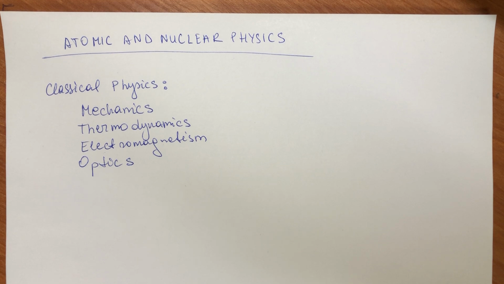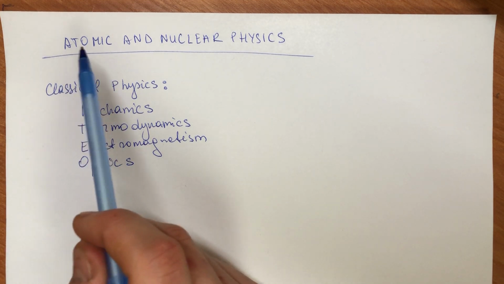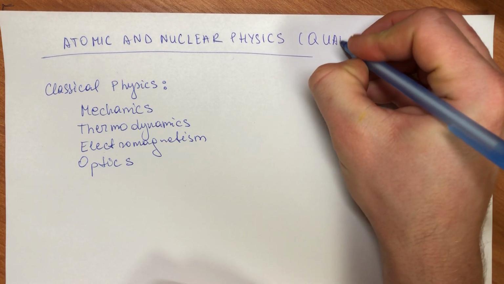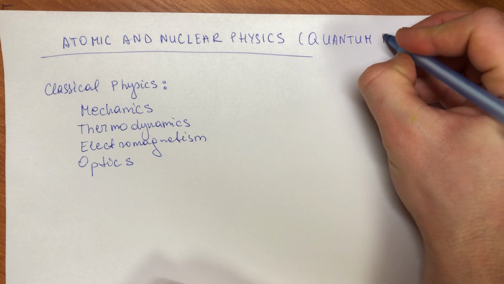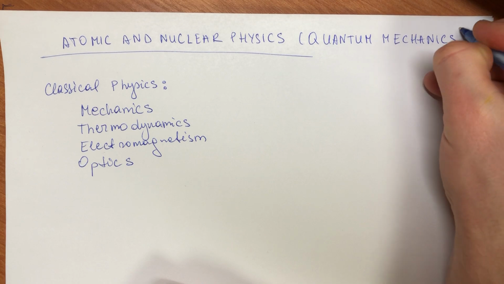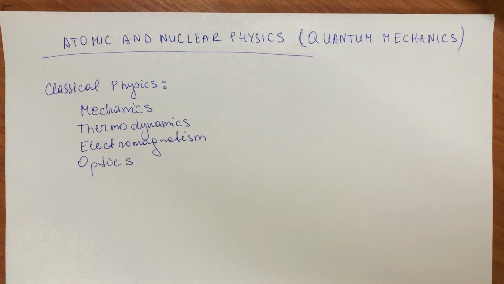So these were considered classical physics, and atomic and nuclear physics, or quantum mechanics, all together with Einstein's special theory of relativity and general theory of relativity, they are considered to be modern physics.